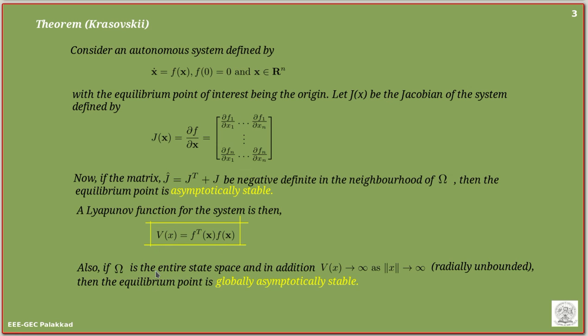And if we can extend this to the entire state space, then we can say that it is globally asymptotically stable. In that case, we have to check whether V of x tends to infinity as the norm of x tends to infinity.